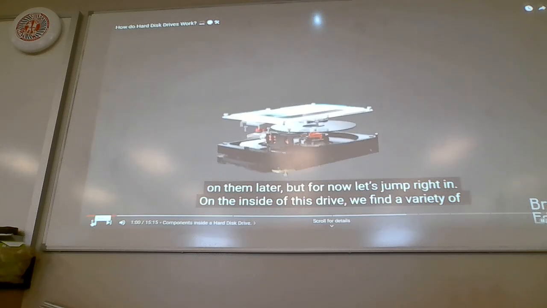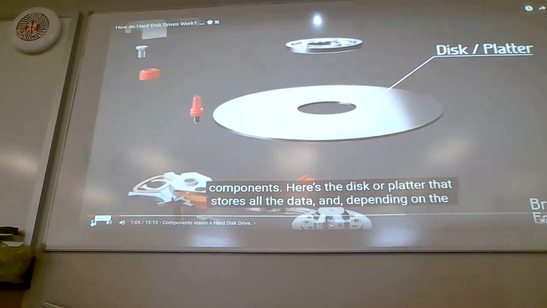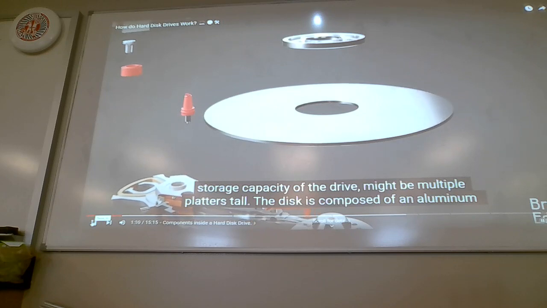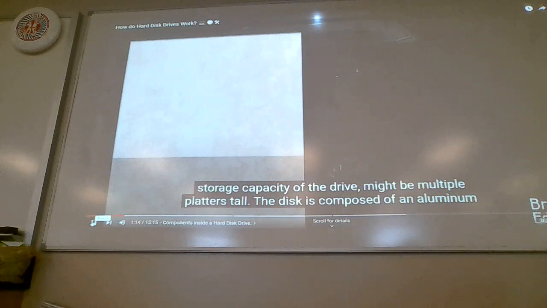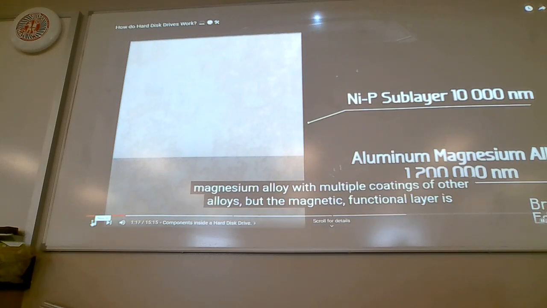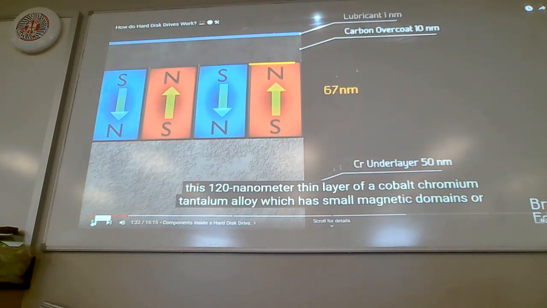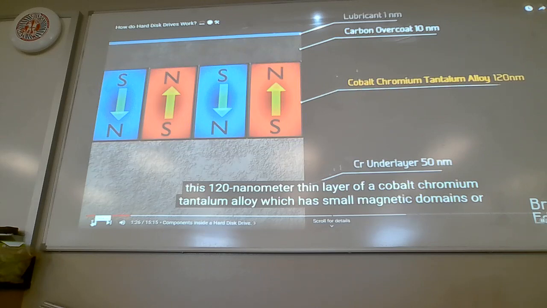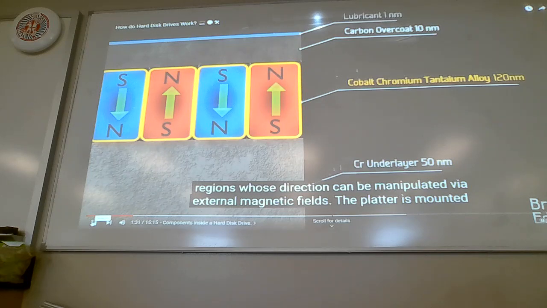On the inside of this drive, we find a variety of components. Here's the disk, or platter, that stores all the data, and depending on the storage capacity of the drive, there might be multiple platters tall. The disk is composed of an aluminum magnesium alloy with multiple coatings of other alloys, but the magnetic functional layer is this 120 nanometer thin layer of a cobalt chromium tantalum alloy, which has small magnetic domains or regions whose direction can be manipulated via external magnetic fields.